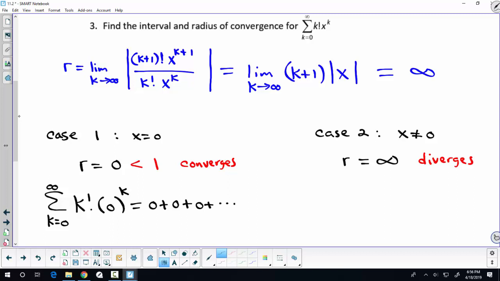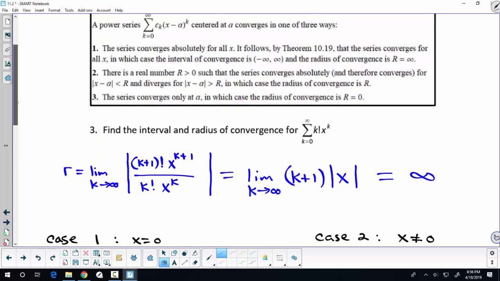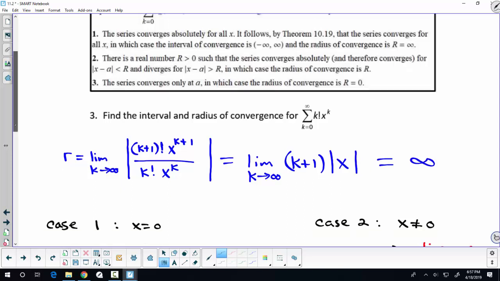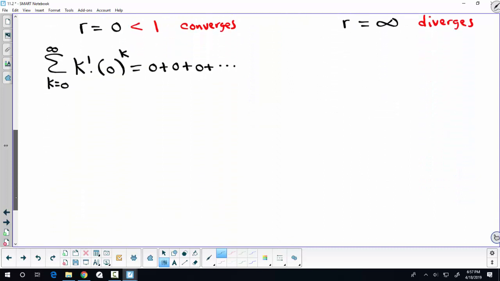That's just 0. Yeah. So what we're looking at is we've covered all three of these. Item 3 in that theorem: the series only converges at a, or x equals 0, in which case the radius of convergence is 0, and the interval of convergence is 0. There is no interval.